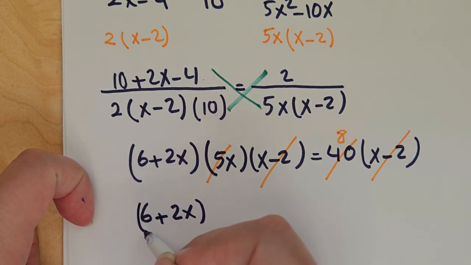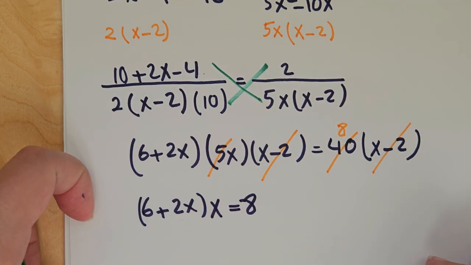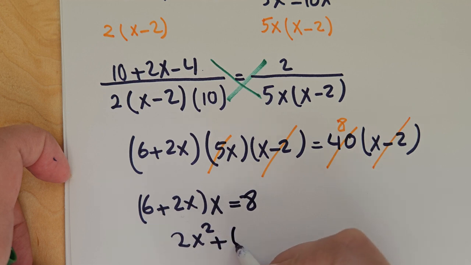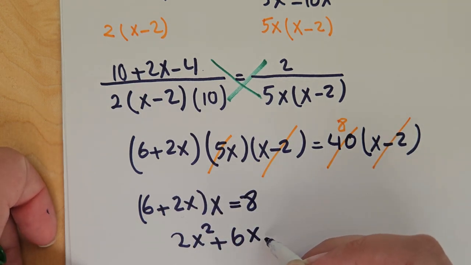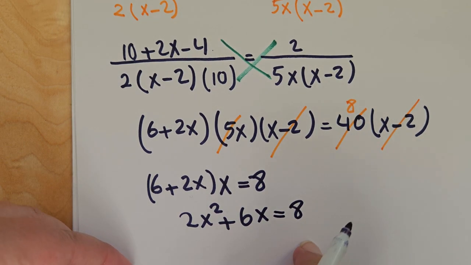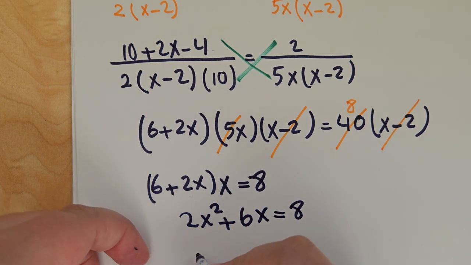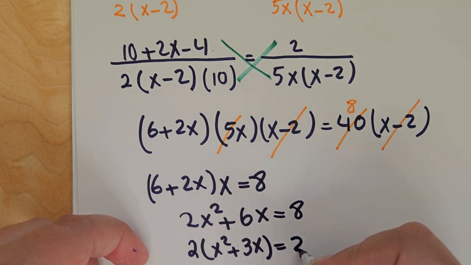Now I have 2x squared plus 6x, so I will move 8 to the other side, equals 8. Now what I can do, because you can see that you can pull out a 2, right? And divide both sides by 2 to make it a little bit simpler.